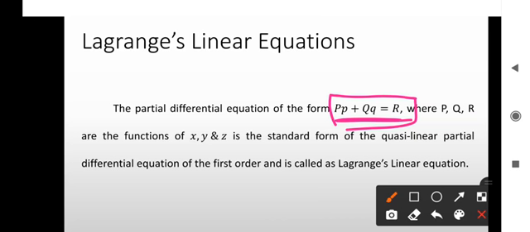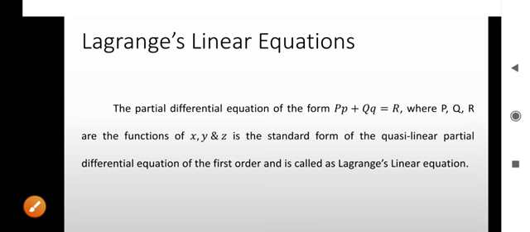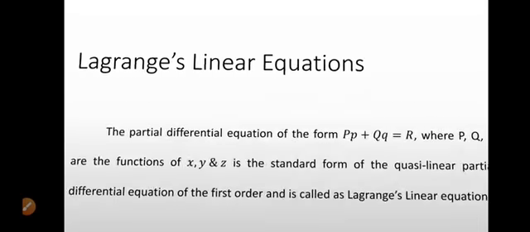But here the arrangement of the terms is in the form Pp plus Qq equal to R, where P, Q, R are the functions of x, y and z, and hence this is the form of Lagrange's linear equation. If the given partial differential equation is in this form, then we can solve it very easily. Let us see the method to solve Lagrange's linear equations.